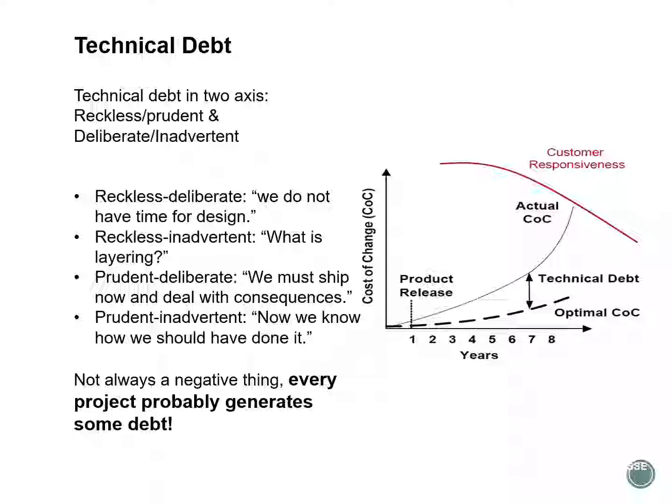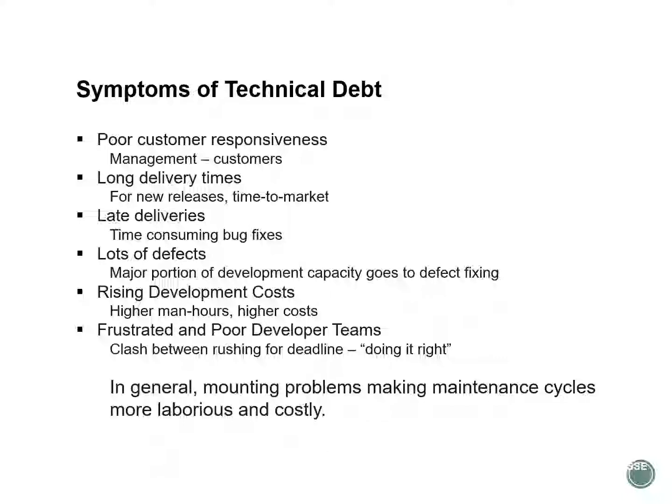The prudent deliberate means that we are just releasing something, or we don't know how the system should have been done, or we don't have resources to do things properly. All these things happen in all projects, and they are technical debt, things that are left in the product which need to be fixed later.